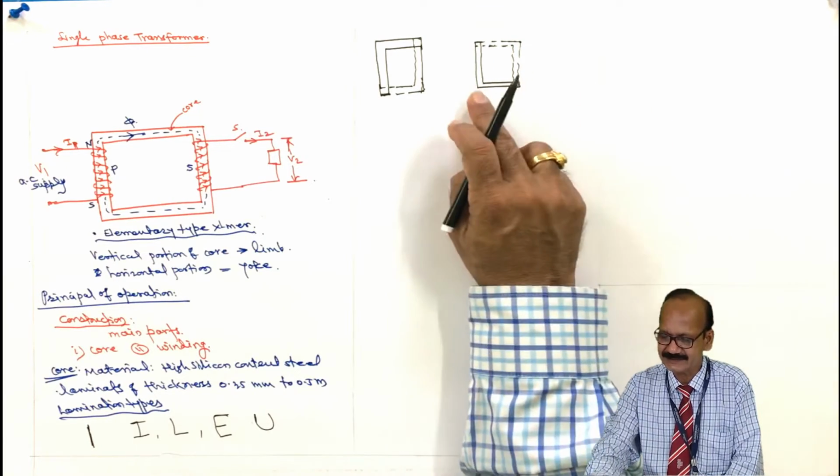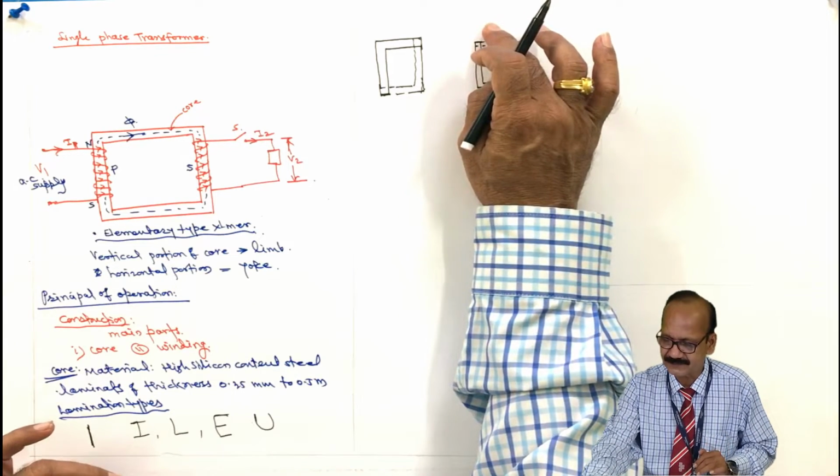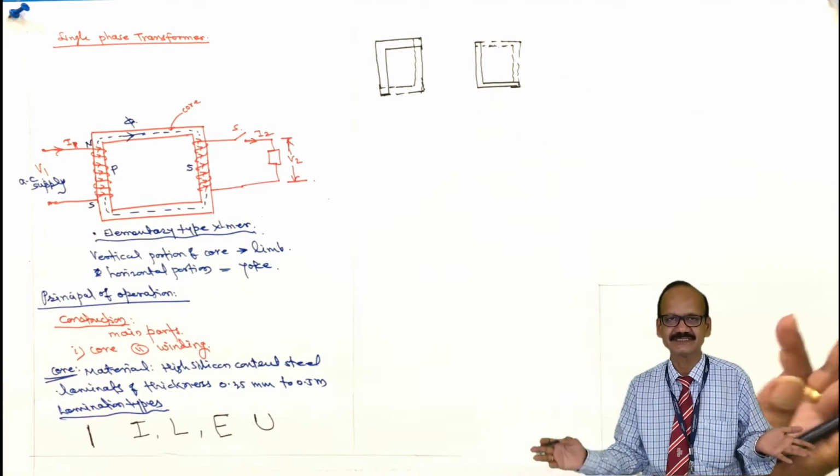Now in the second layer, the horizontal portion on the left hand side would be at the top and this portion would be at the bottom. So that is known as staggering.